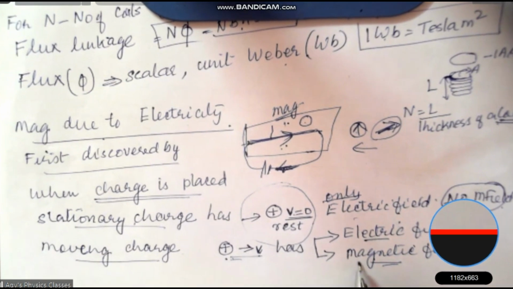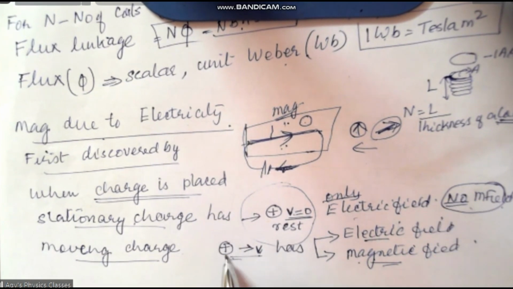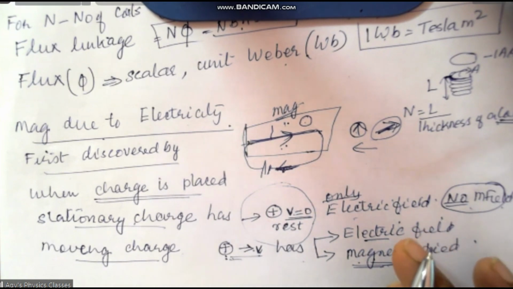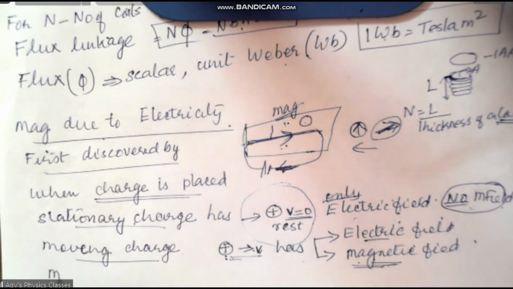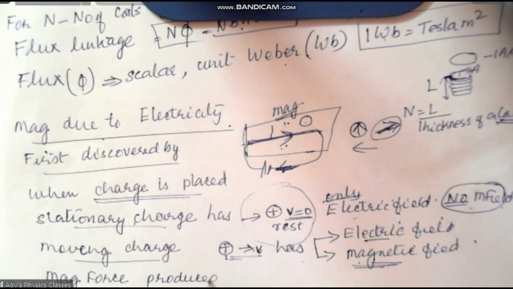If it has a magnetic field, that means it is like a magnet. Only magnets have a magnetic field. A moving charge has a magnetic field, which means there is a magnetic force produced on it. The magnetic force by the magnetic field, we write FB.